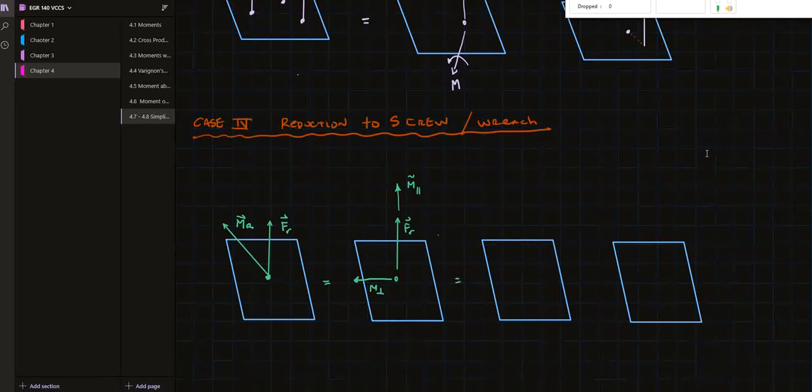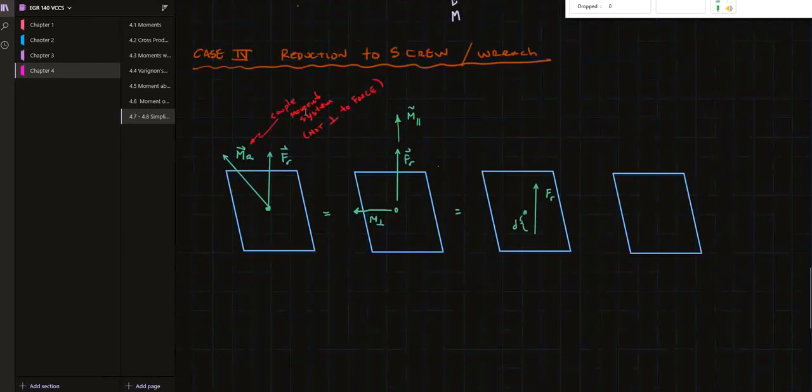Well, I can offset this force some distance. Now, just as a comment here, this moment is a couple moment, so we can move it to where the force is, and I can resolve this into a parallel and perpendicular component.